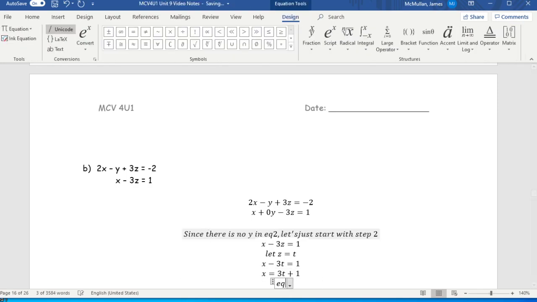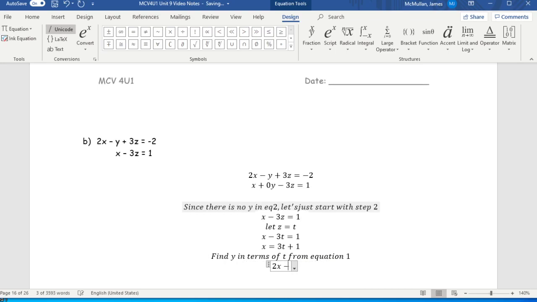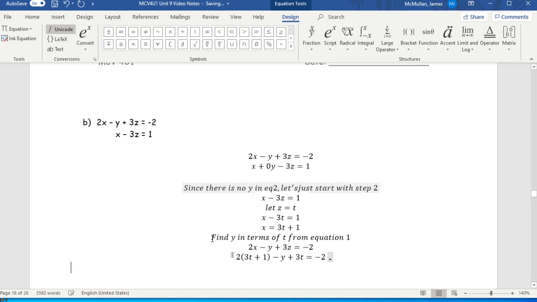And then we go into equation 1, and we find y in terms of t from equation 1. And we get 2x minus y plus 3z equals negative 2. So x I'm going to replace with 3t plus 1. Y is still y. Z I'm going to replace with t. And I get negative 2 on the other side.